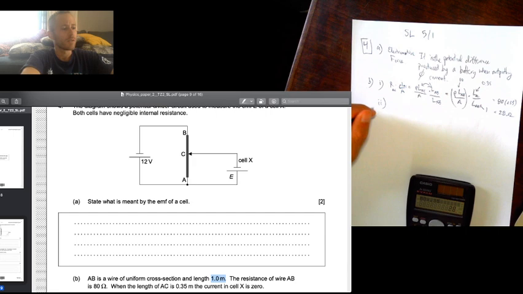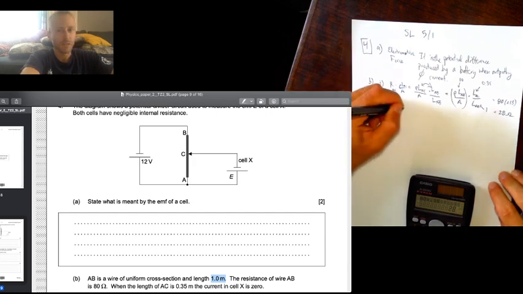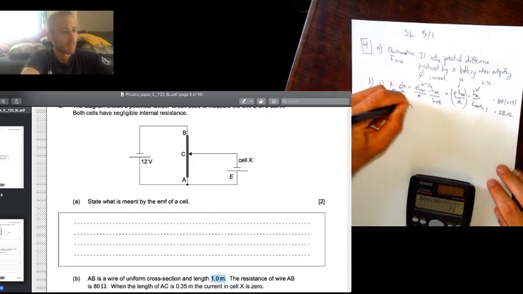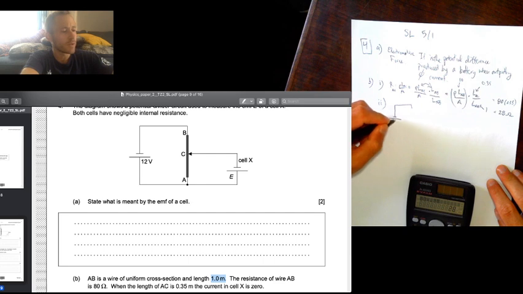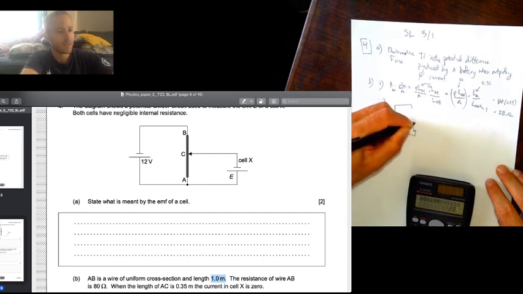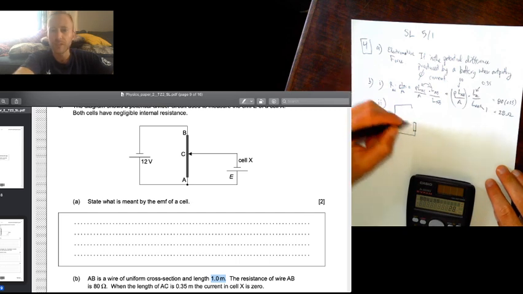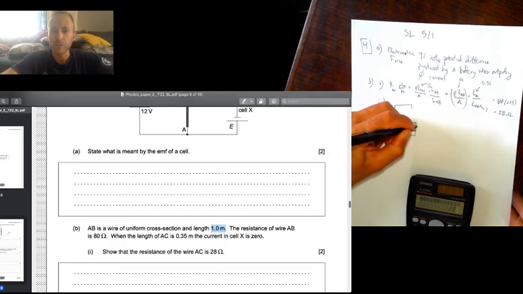Let me draw out the circuit here. We have 12 volts. Here's the length AC, and as we said, it's 28 ohms.